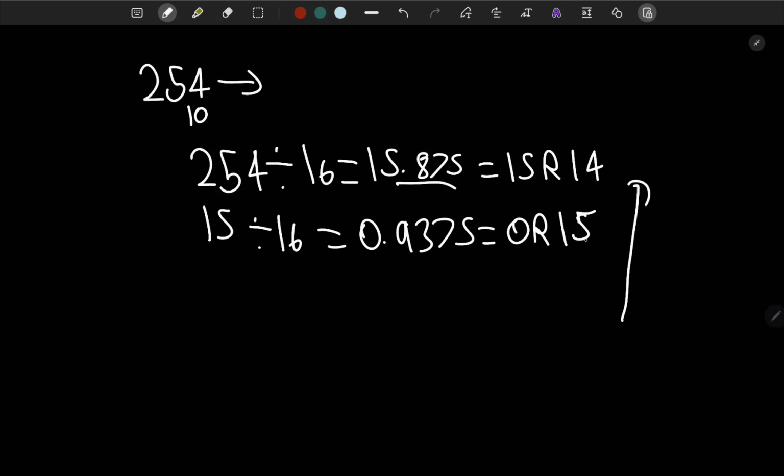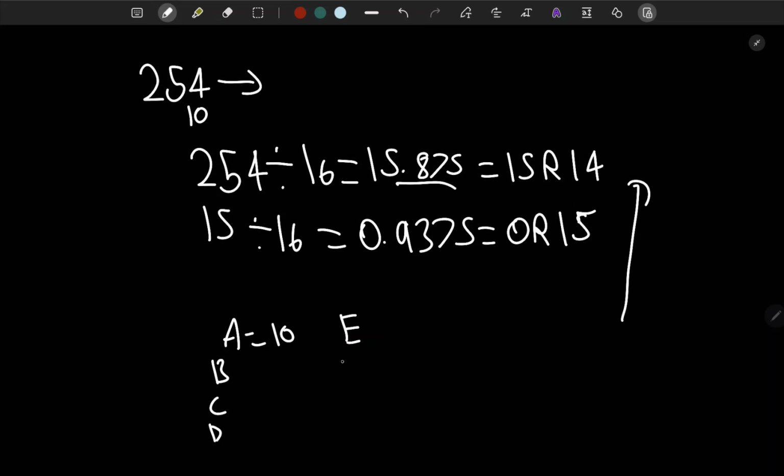And as we know from before, 15 represents F in hexadecimal and 14 represents E, and we can quickly get that by A is equal to 10, B, C, D, E, and F. Oops, okay, I cannot write anymore, so I'm going to move here.